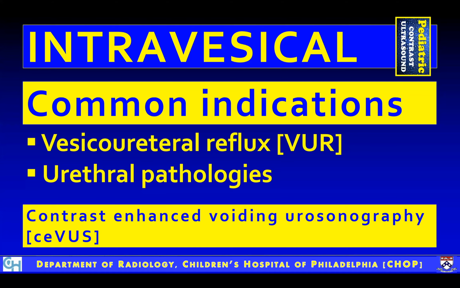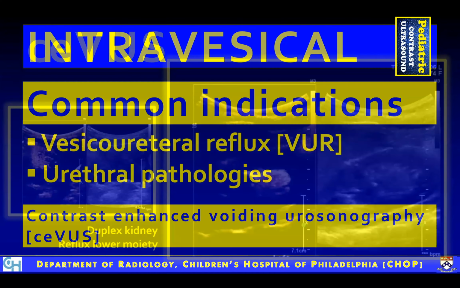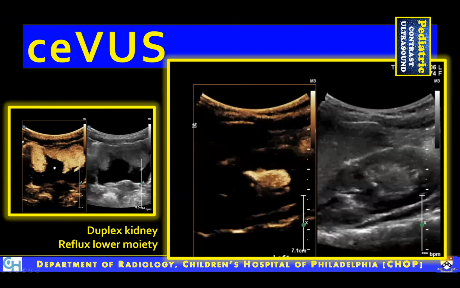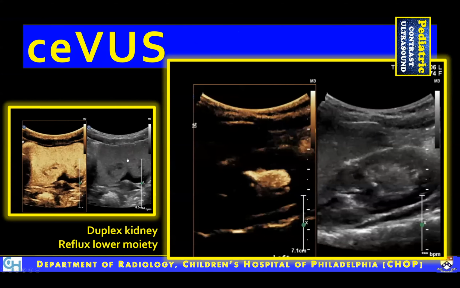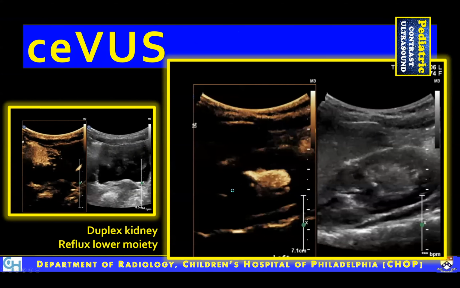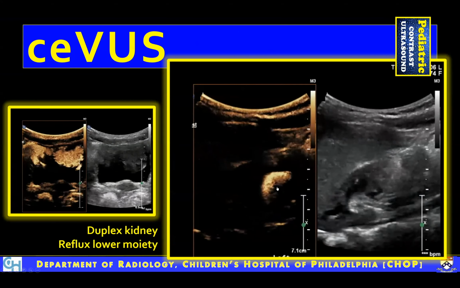The intravesical application, the common indication is for vesicoureteral reflux, and that is on label with urethral pathology. And this is called contrast-enhanced voiding urosonography, or CEVUS. Here you see the bladder after having placed a catheter being filled with contrast, and you can then monitor the kidney.